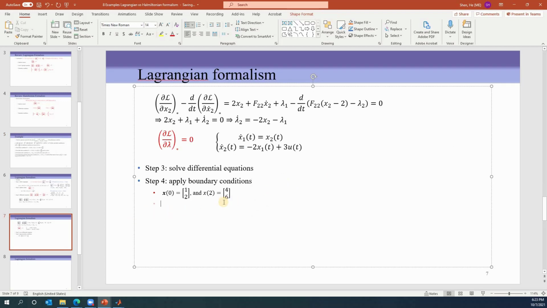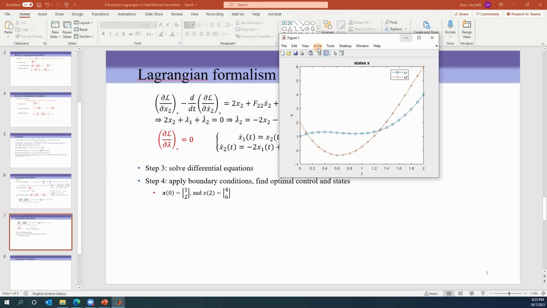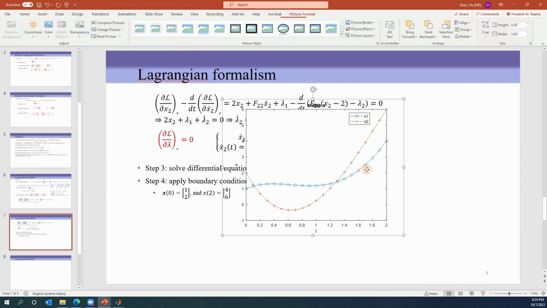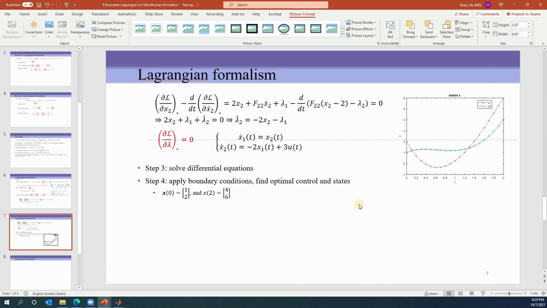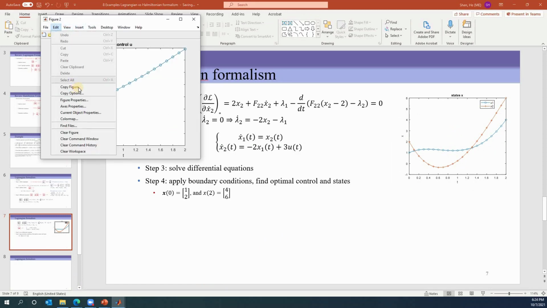Now we find optimal control and the states. Now we can put the results here. Let's grab the results. So this is the optimal states. This is optimal control.